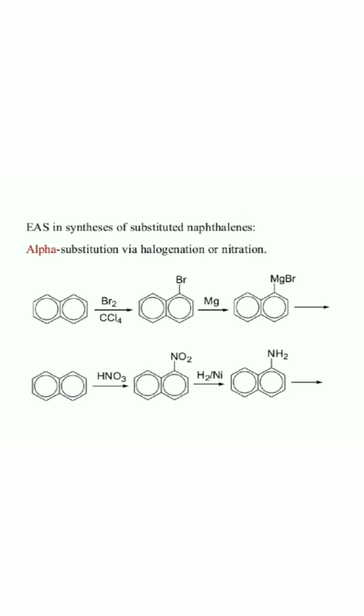Now we can see electrophilic aromatic substitution in the synthesis of substituted naphthalenes. Naphthalene reacts with bromine, the bromine is attached, then the Grignard reagent is formed, then NH2 is attached, then we reduce it, and we can again produce the same naphthalene product.